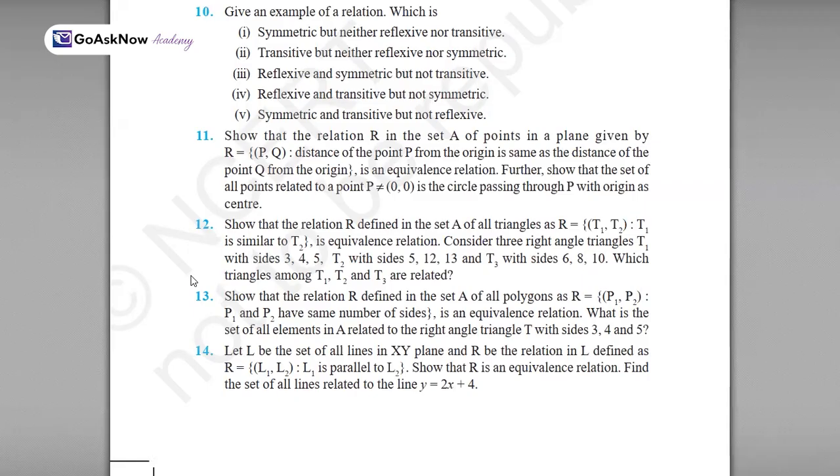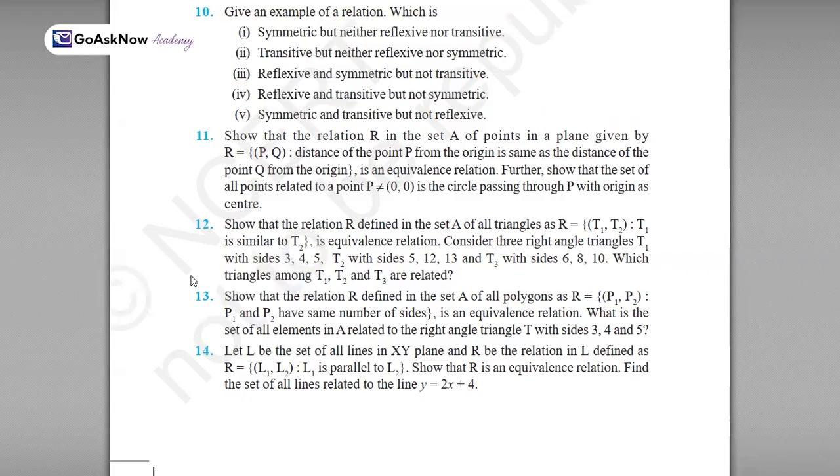So what question 12 is telling: show that the relation capital R defined in the set A of all triangles as R is equal to T1 comma T2, T1 is similar to T2, is an equivalence relation. Consider the three right triangles T1 with sides 3, 4, 5, T2 with sides 5, 12, 13, and T3 with sides 6, 8, 10.